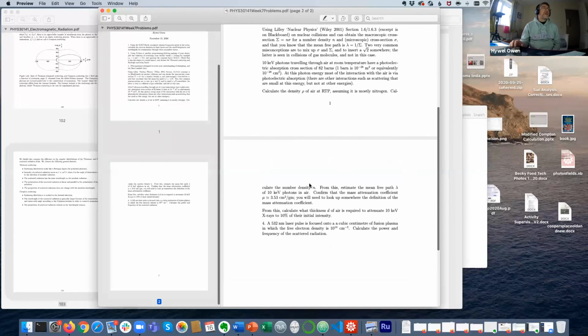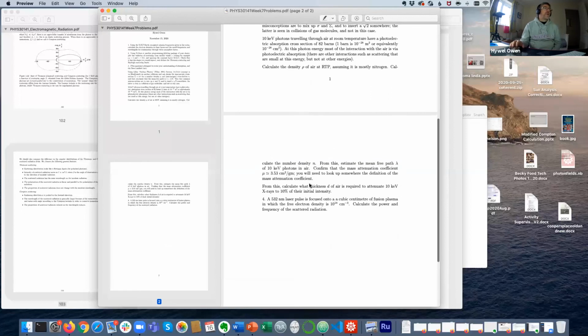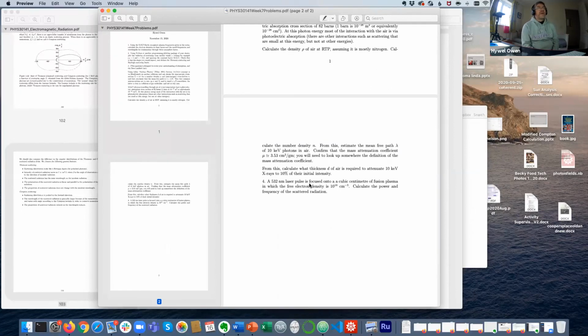And then in question 4, this is the same as in the example sheet, but I will go through that question in particular. We're going to talk about how to diagnose a fusion plasma, and we'll talk about the relationship between the plasma frequency and the cutoff frequency, and also about the scattering rate of photons passing through a plasma.